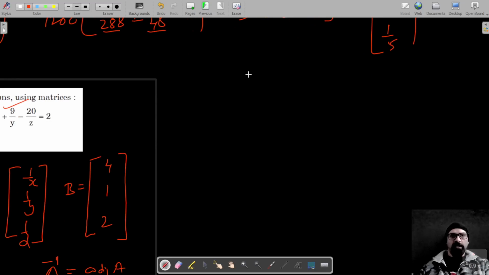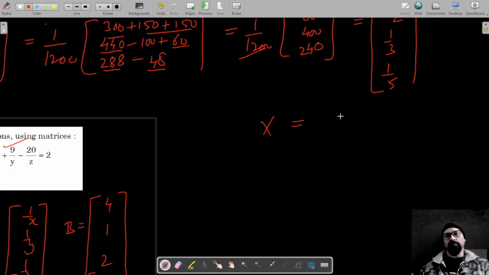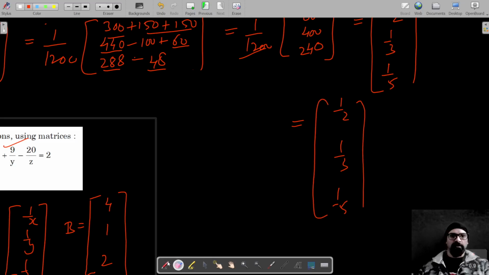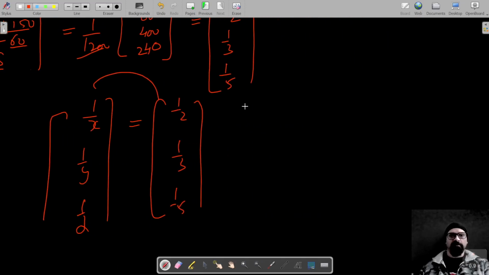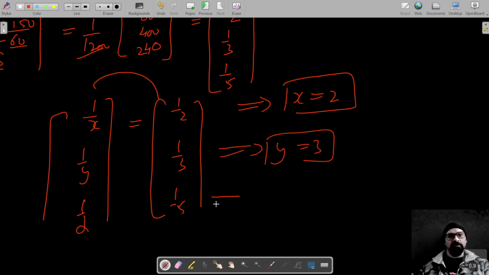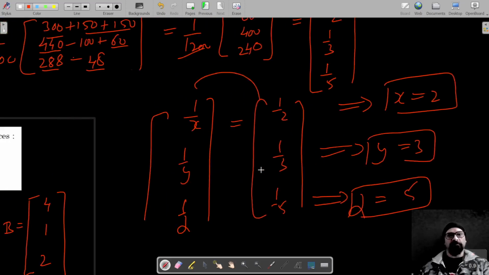Okay, so we have got X. So X is now equal to 1 by 2, 1 by 3, and 1 by 5. And this X was actually 1 by x, 1 by y, and 1 by z. Equating the corresponding elements, this gives me x is equal to 2, y is equal to 3, and z is equal to 5. So we have got the values of x, y, and z: x is 2, y is 3, and z is 5.